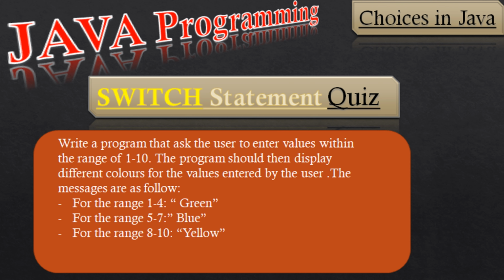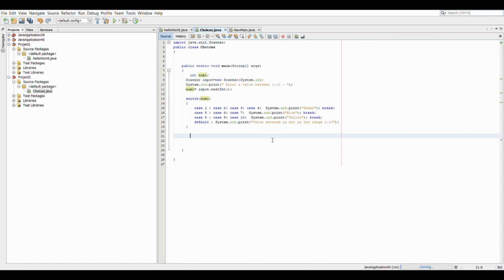Now I will show you my block of code here, as I said in the last video. So I started with declaring the variable num1, call the scanner class, print a message to ask the user to enter value between 1 and 10, write the code for input for the user to use the scanner class, and started to use the switch statement for the variable num1.